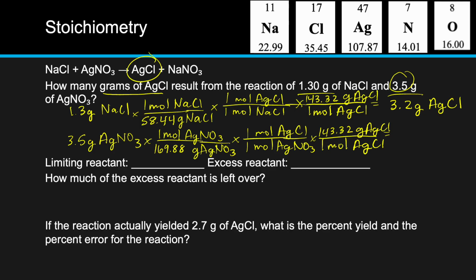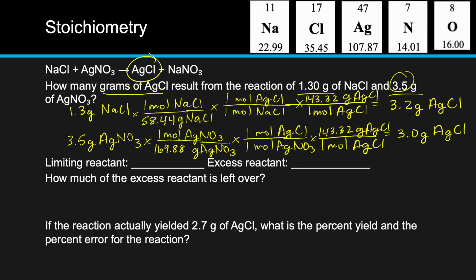And now for my bottom equation, I have 3.5 divided by 169.88, and then multiplied by 143.32. So that's going to give me 3.0 in 2 sig figs.